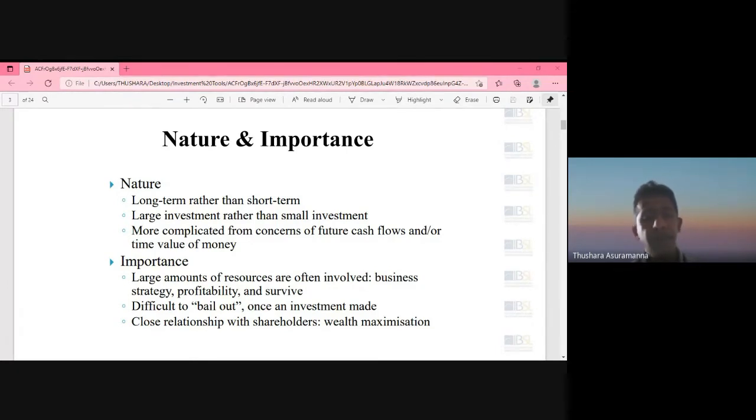Then, difficult to bail out once an investment is made. What it mentioned is like this. Let's say now we are going to put up a tea factory and a tea estate. Rather than just go and purchase, you might have undertaken some research activities.